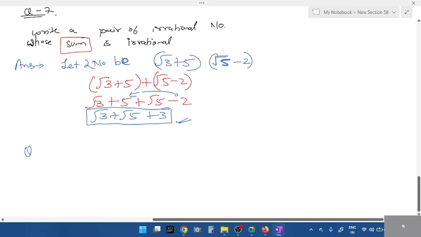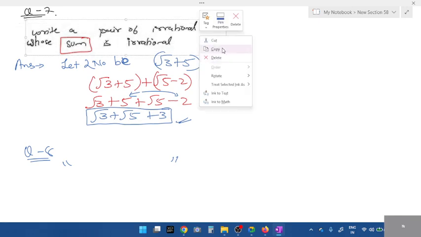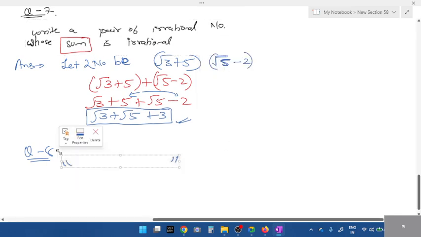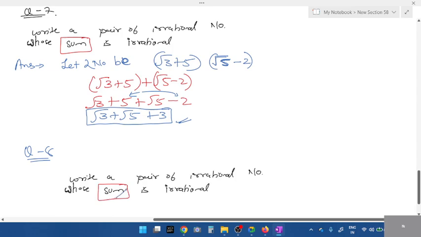Then question 8 is similar to this. Everything is the same. Write a pair of irrational numbers whose difference is irrational. First complete this, students. Instead of sum, difference.